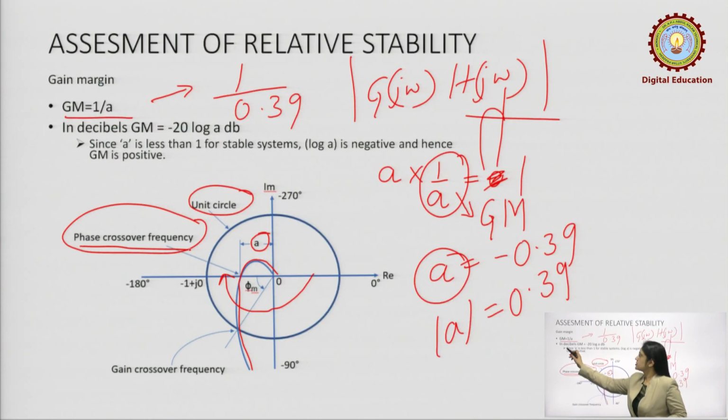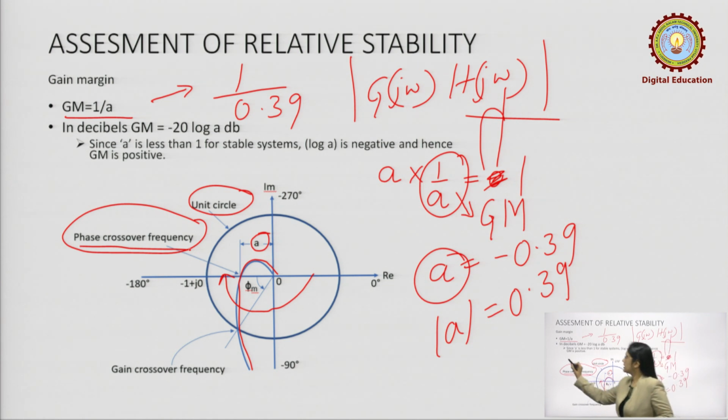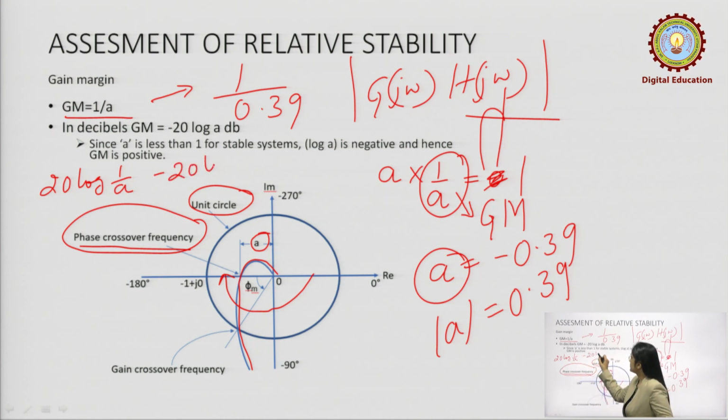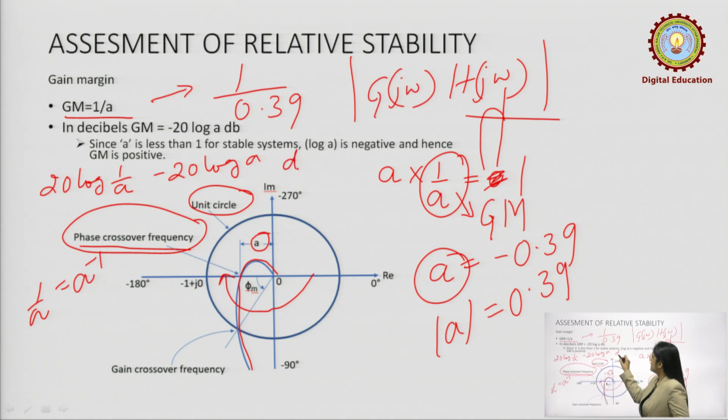In decibels, gain margin is written as minus 20 log A, because 20 log (1/A) is 20 log of A raised to minus 1, which is minus 20 log A. Since this circle has unit radius, the value of A for a stable system will always be less than 1, so log A will be negative.